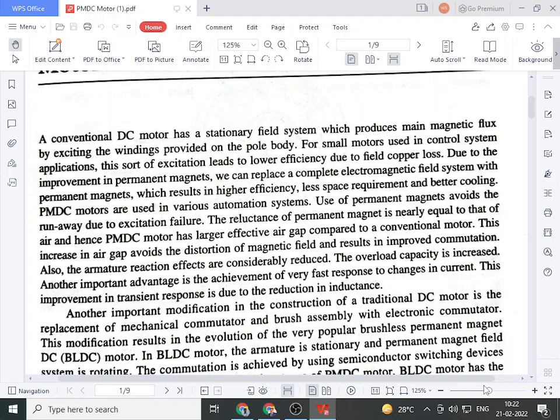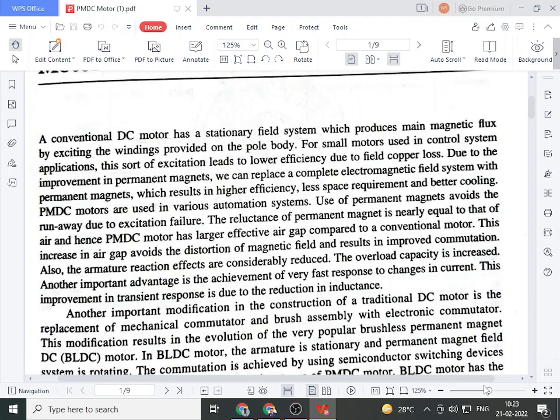The other type of winding is the armature winding, which is a rotating winding. The armature winding is placed on the rotor, and it acts as a current carrying conductor when the machine operates in motoring mode, or as a conductor required to cut the flux when the machine works in generating mode.